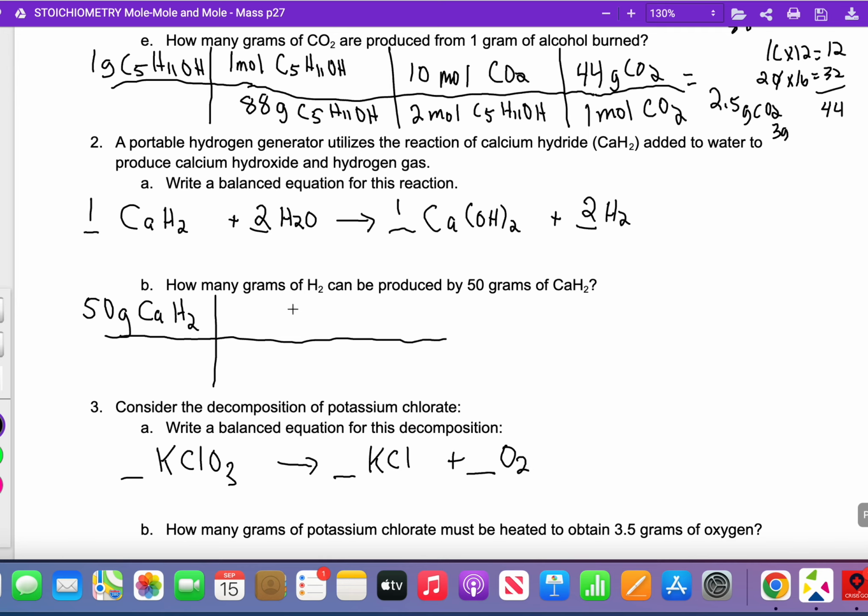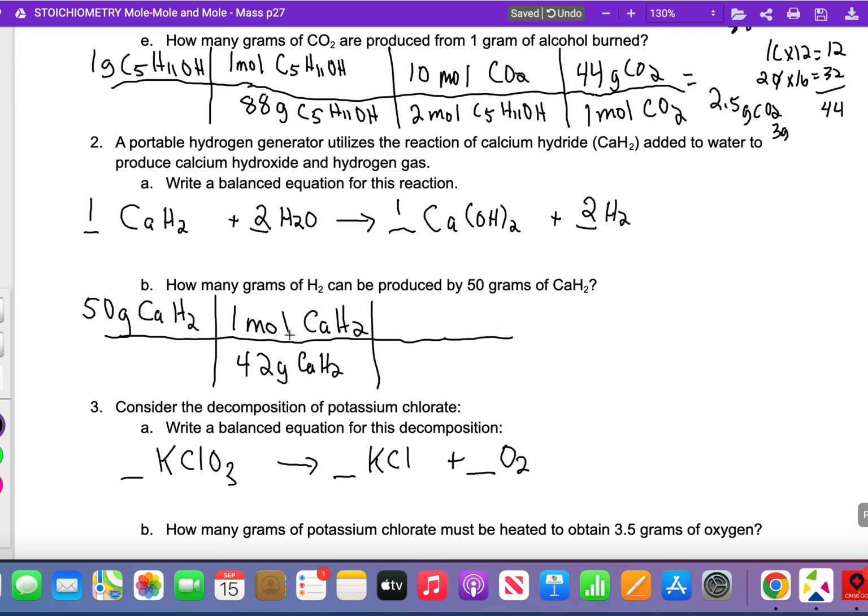Step number 1, change to moles if we're not already in moles. So we're not in moles, so we have to change. It's always 1 mole, just like the mole unit. And see how I got moles on top? Grams are going to go opposite of grams. And calcium is 40, and there's 2 hydrogens, so the molar mass is 42 grams CaH2. 1 calcium from the periodic table, 2 hydrogens.